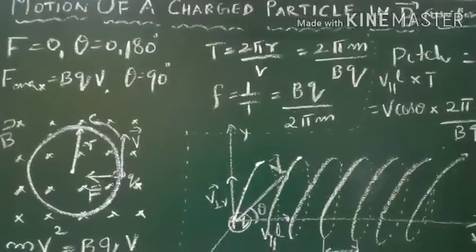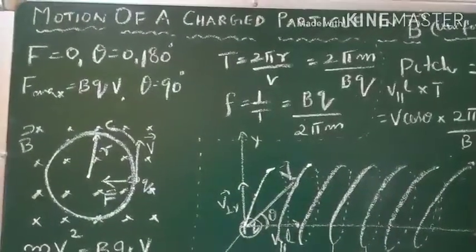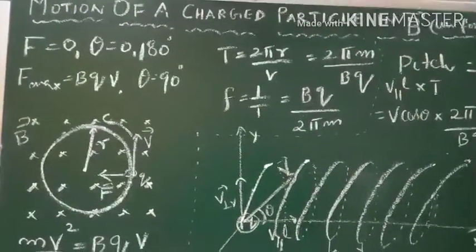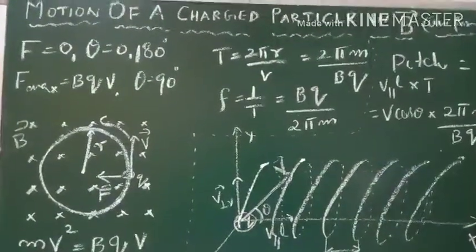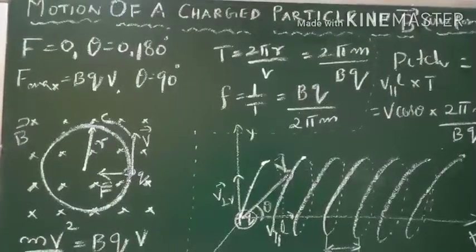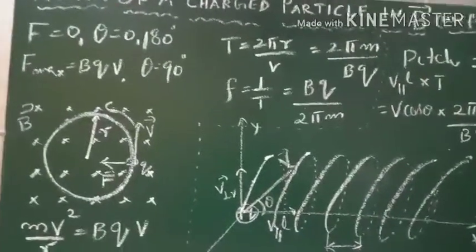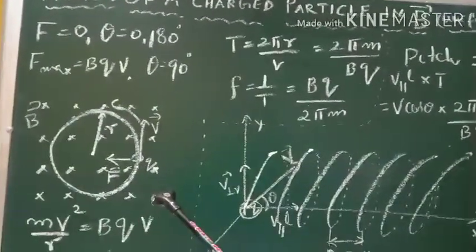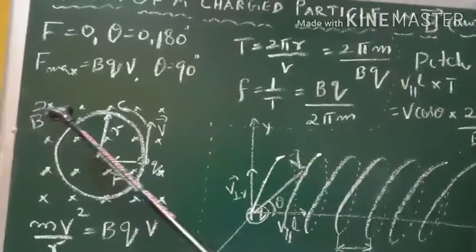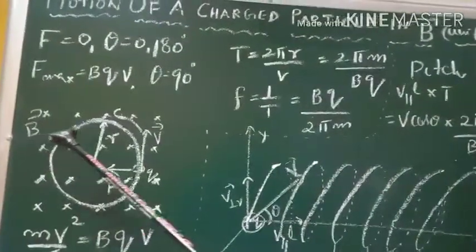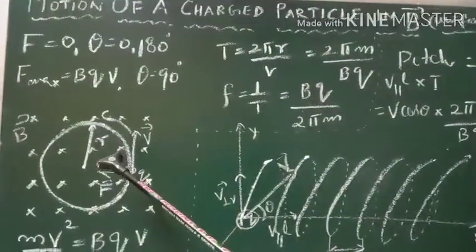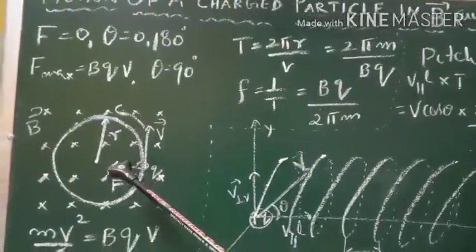Okay. Now, suppose the particle is entering perpendicular to the magnetic field. The field is acting in one direction, and the charged particle enters in the perpendicular direction. Here we considered a magnetic field shown by a set of crosses, that is, into the plane of the paper.